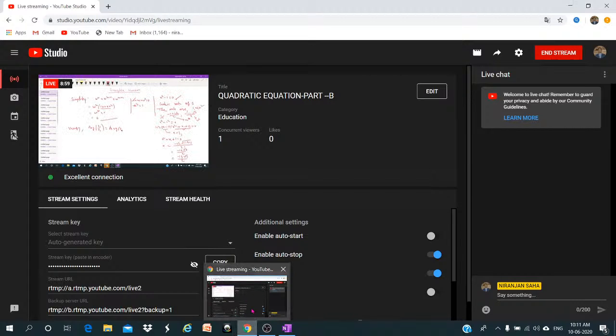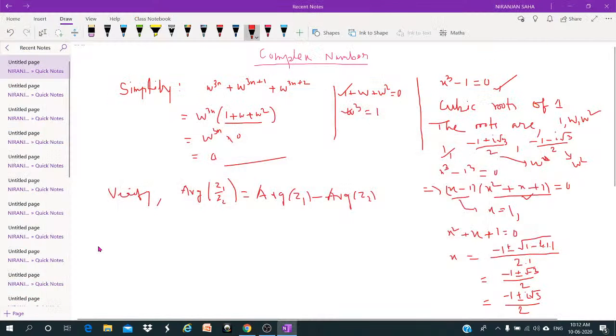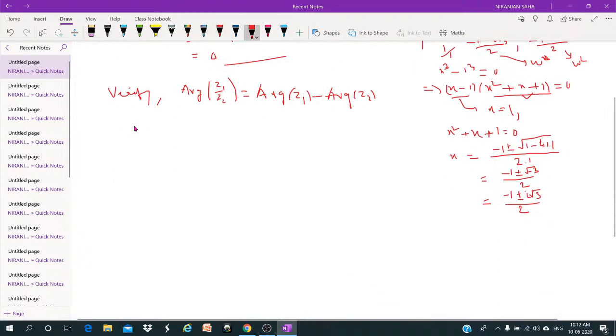So let's start. Here z1 is given as 1 plus iota root 3 and z2 is given as root 3 minus iota.